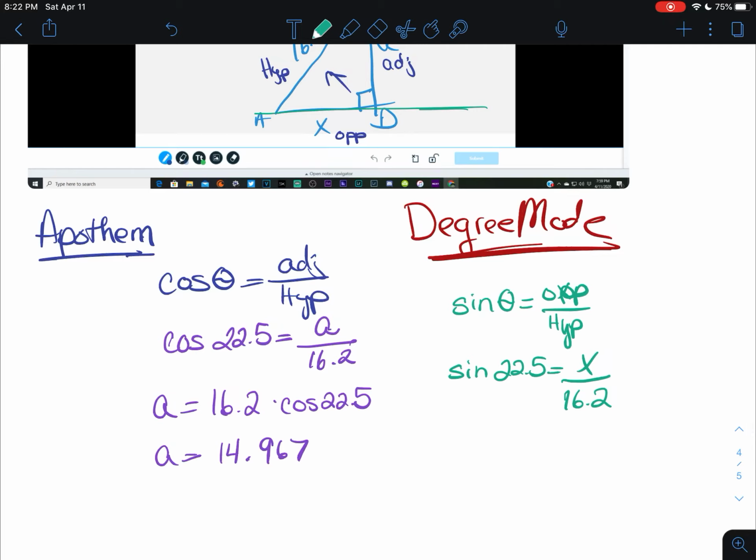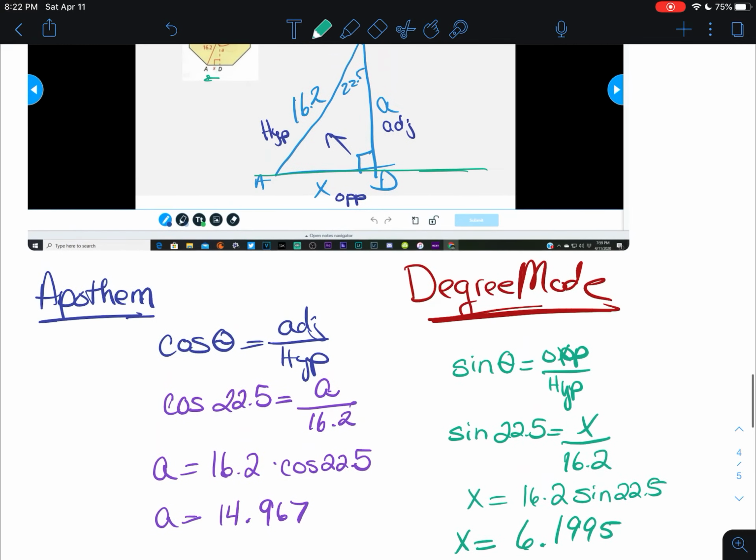Again, let's cross multiply. So X equals 16.2 times sine 22.5. Again, make sure your calculator is in degree mode. And so X is 6.1995, and again, several other decimal values.